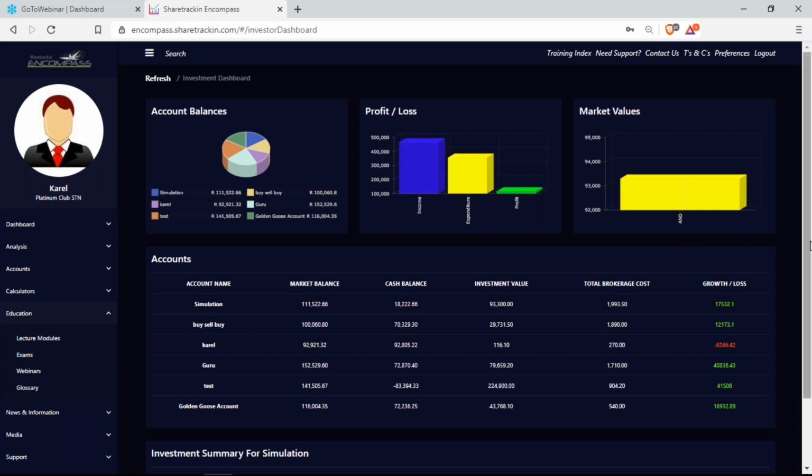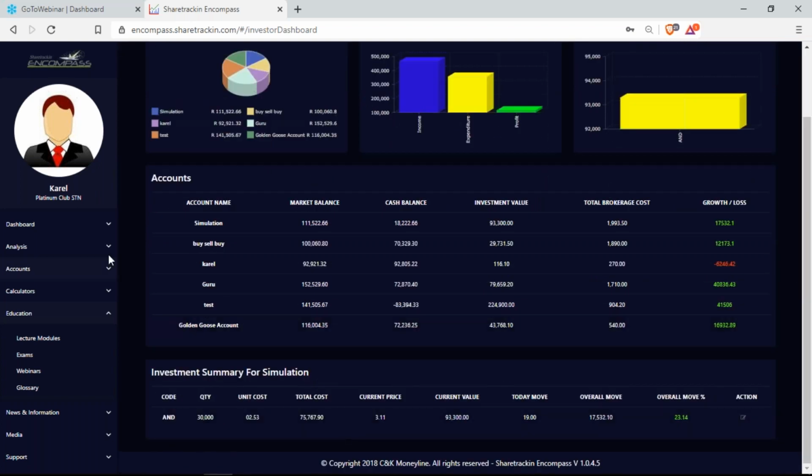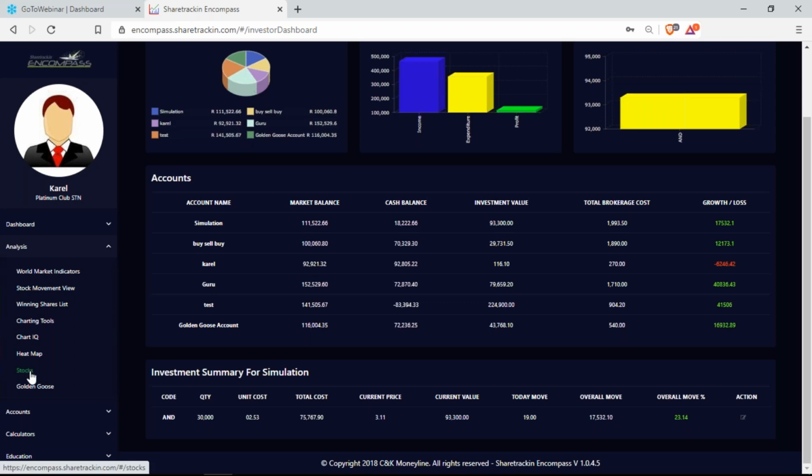If I scroll down a bit, I will also see how the shares in my portfolio are performing. On the next thing, to get to my additional advisors, I will go to analysis. I will scroll down to stocks.